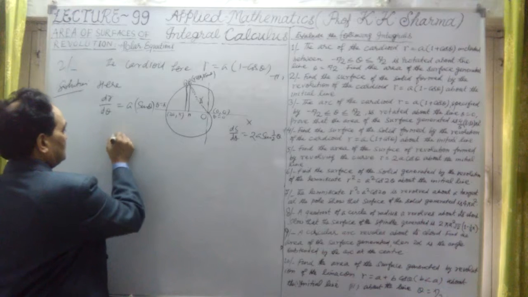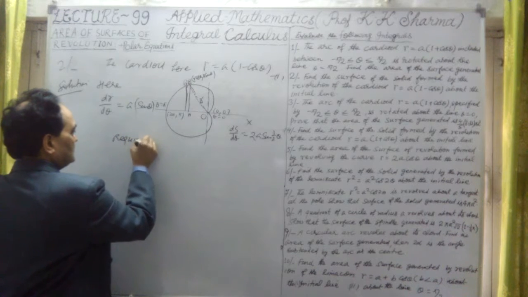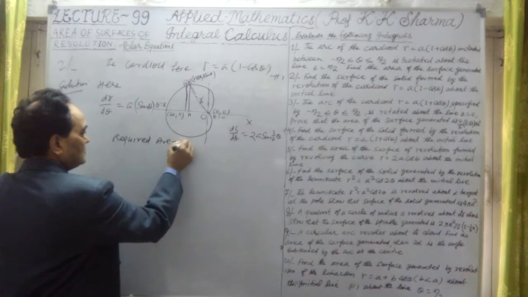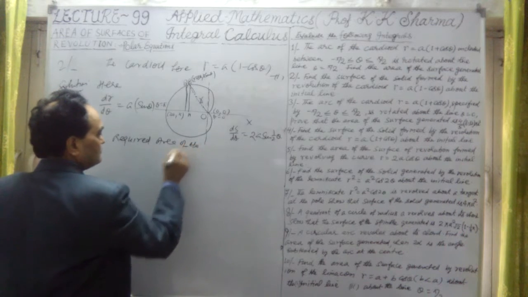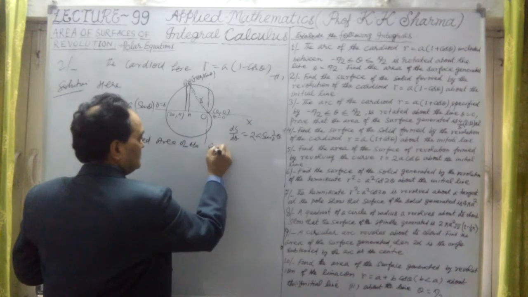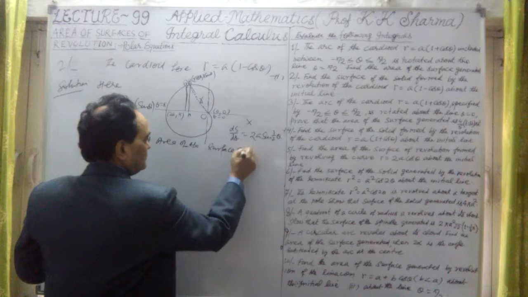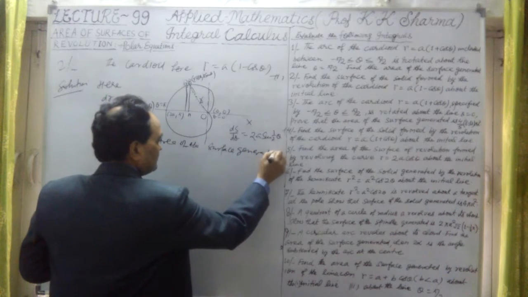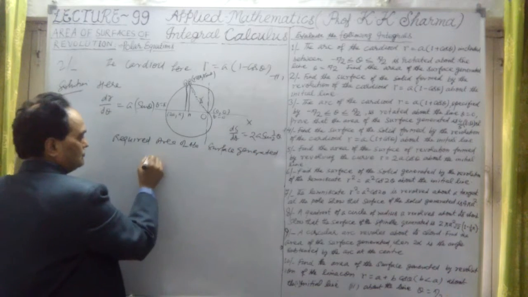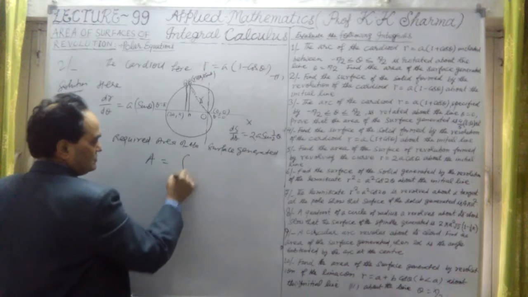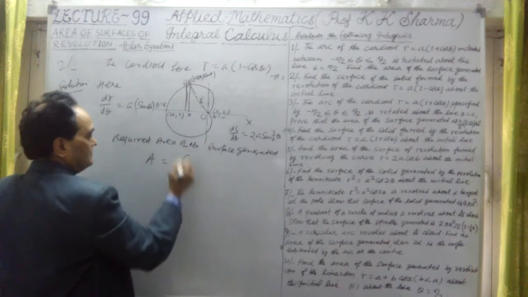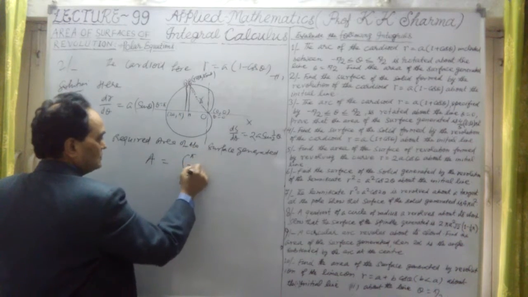Therefore, the required area of the surface generated is equal to, here the limits are 0 to pi, and twice pi.